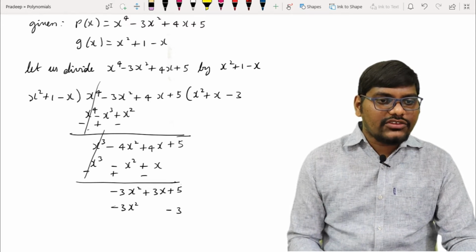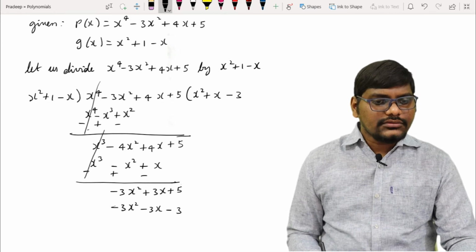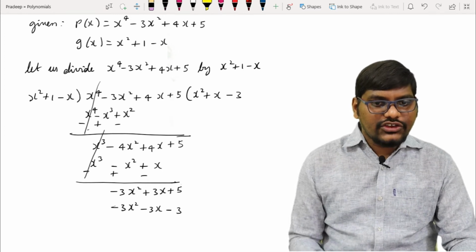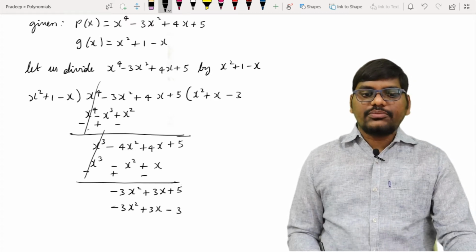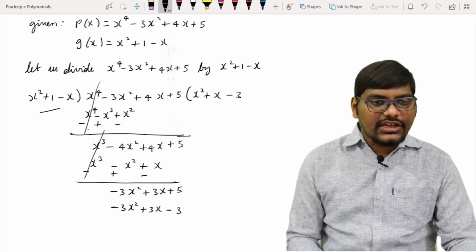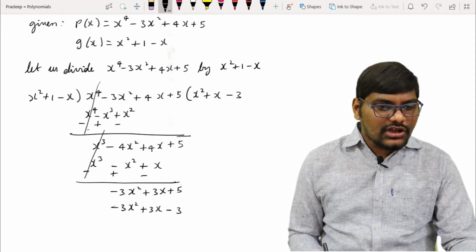So this is minus x into minus 3, that is minus into minus plus, we got plus 3x, and here 1 into minus 3, that is minus 3 we got over here. So we'll just try to solve further.